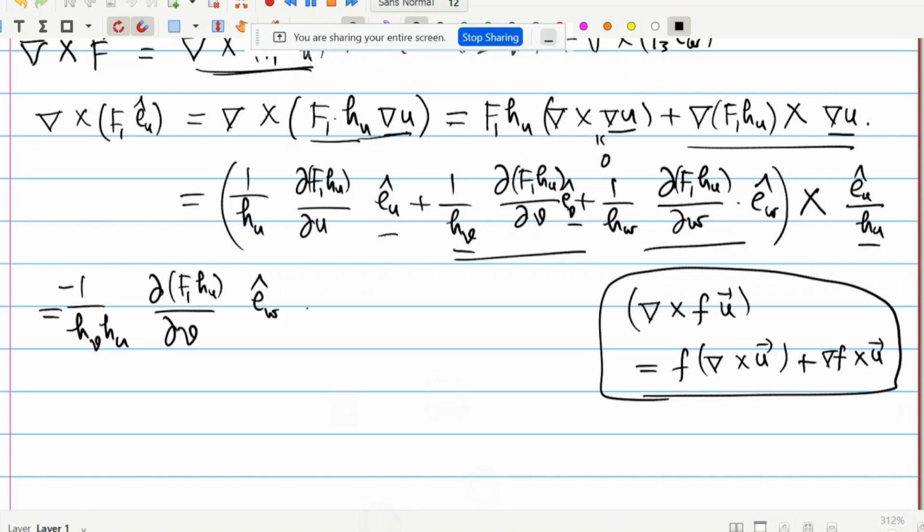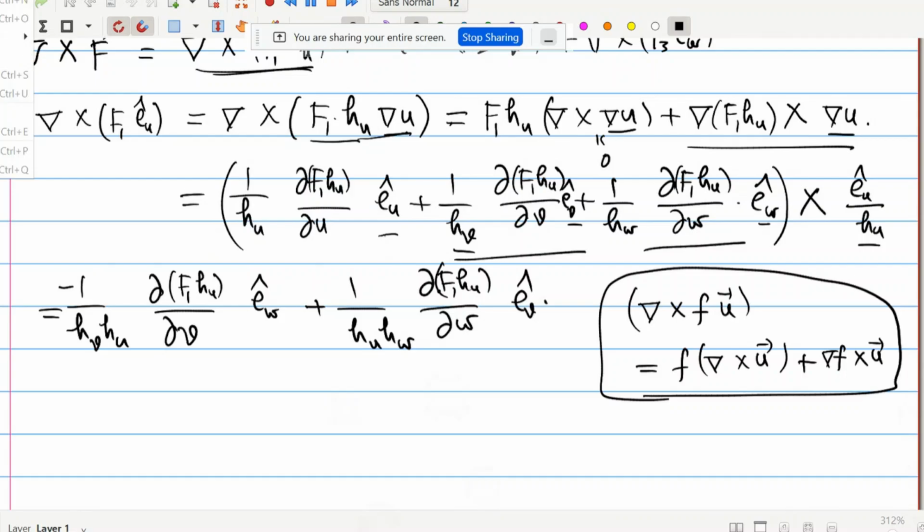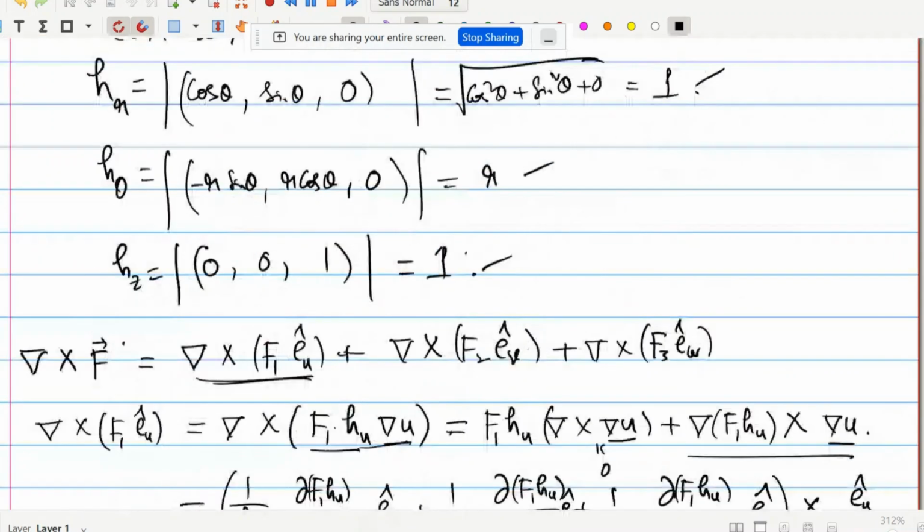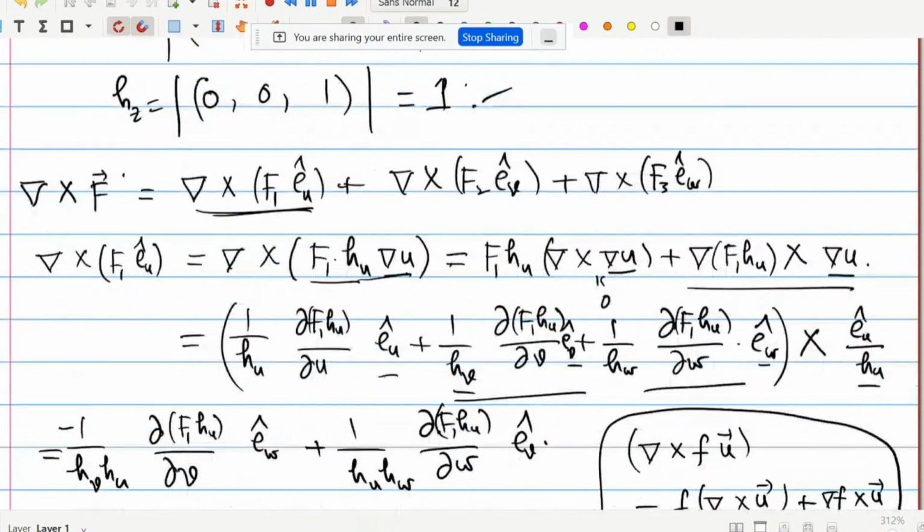The other one will be with a plus sign: 1 by HW HU times dou F1HU by dou W, and EW cross EU is EV cap. So this is your first one. The similar way you can write the others and finally add them up, and you will get your curl immediately.